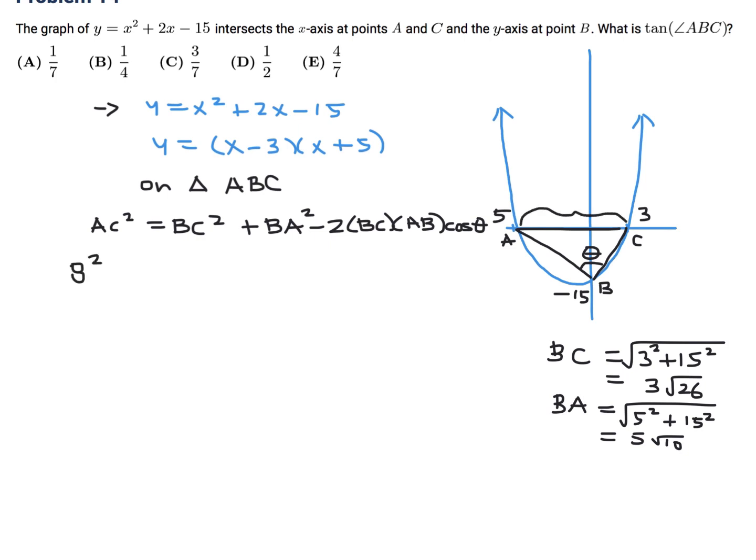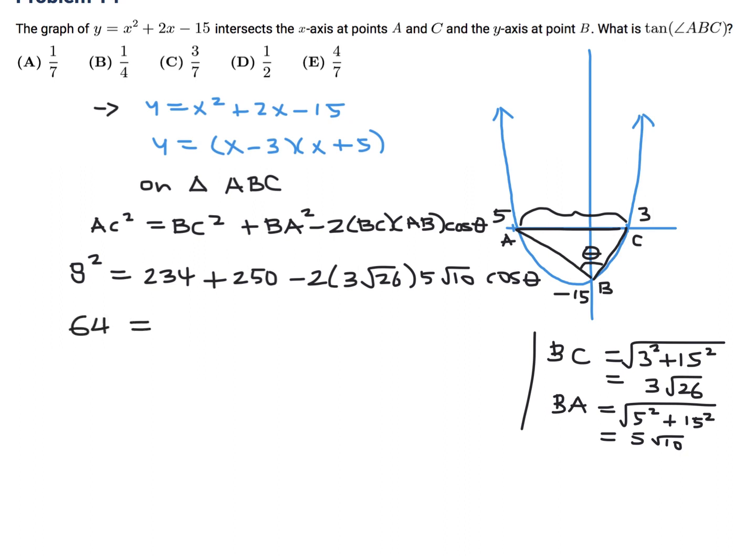So that's 8 squared. BC squared is 234, right, we have BC and BA. BA squared is 250. Yeah, 250. Minus 2 times 3 root 26 times 5 root 10 cos theta. All right, so numbers are not the greatest, but that's okay. 64 is equal to 234 plus 250 minus 30 root 260 cos theta.